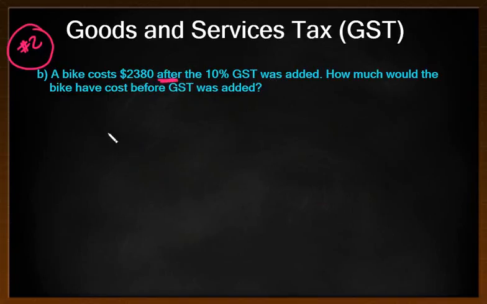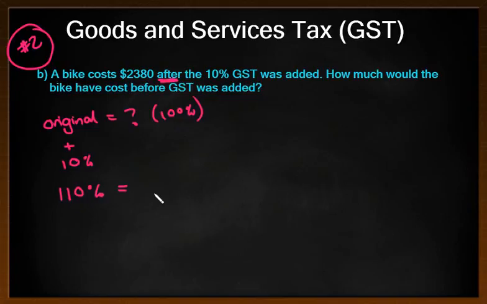Obviously we have our original price, which we don't know, but we do know that's 100% of the actual price. What we have currently is the original price plus the extra 10%, which means we have 110%.